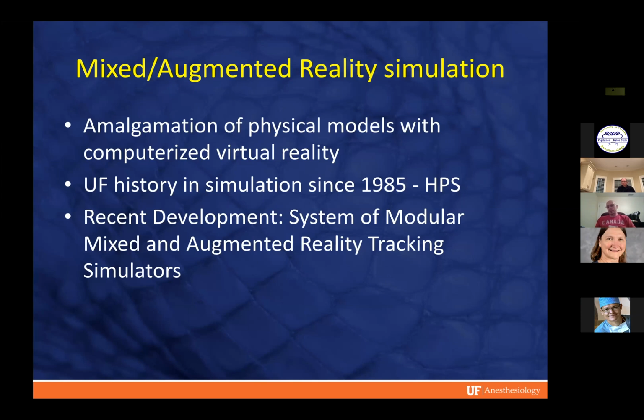So what this system essentially does, at its very basic level, is it's capable of magnetically tracking different instruments that we might be using as part of a simulation exercise and how they interact virtually with a physical model. So for instance, we could pick up a virtual ultrasound probe and stick it on a gel block that represents a piece of tissue. And inside that piece of tissue, there might be physical bones that are 3D printed, for example.